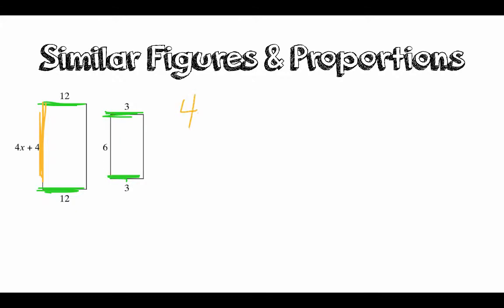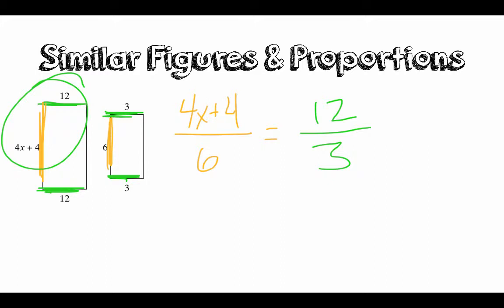All right, so 4x plus 4 over 6 equals, and we'll use the green here, 12 over 3. Please notice that I used the same numbers here and the same numbers here, and I didn't mix them. Now I can do them across the top, or I can put them on top of each other. It doesn't matter. All right, so we get 3 times 4x plus 4 equals 6 times 12 is 72.